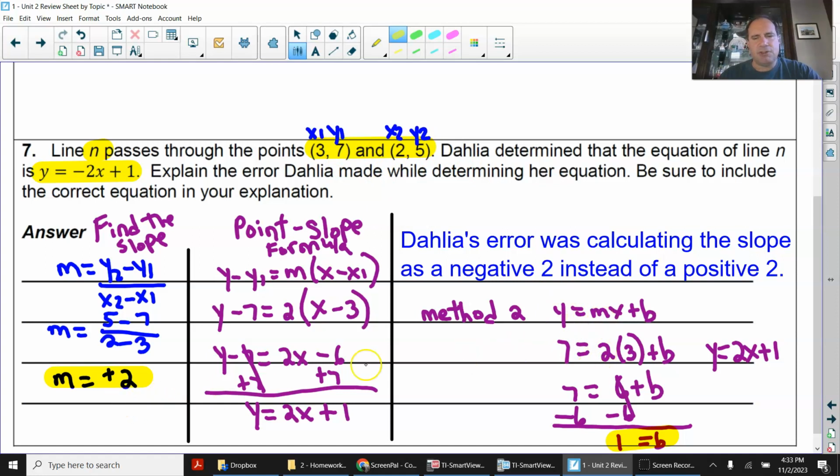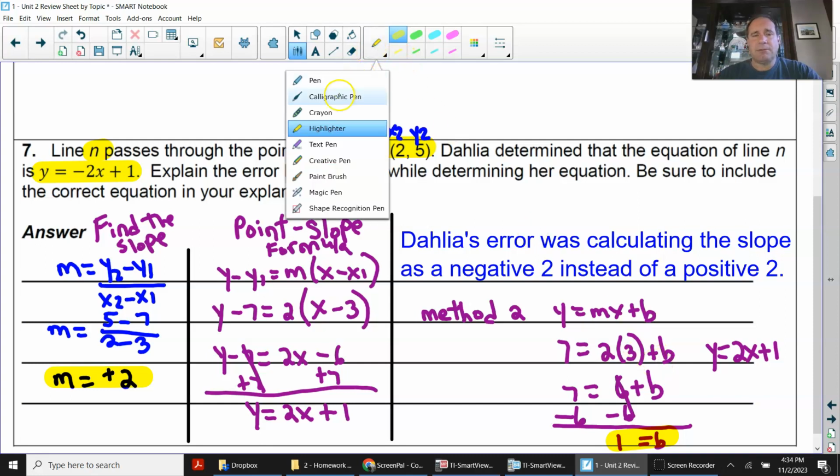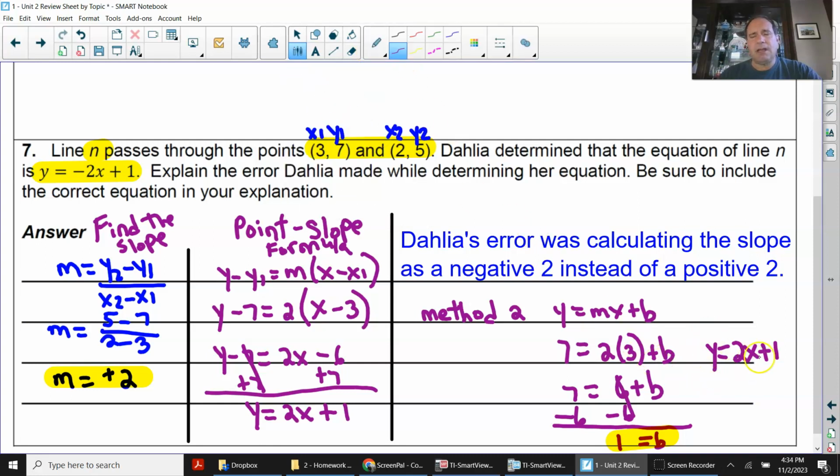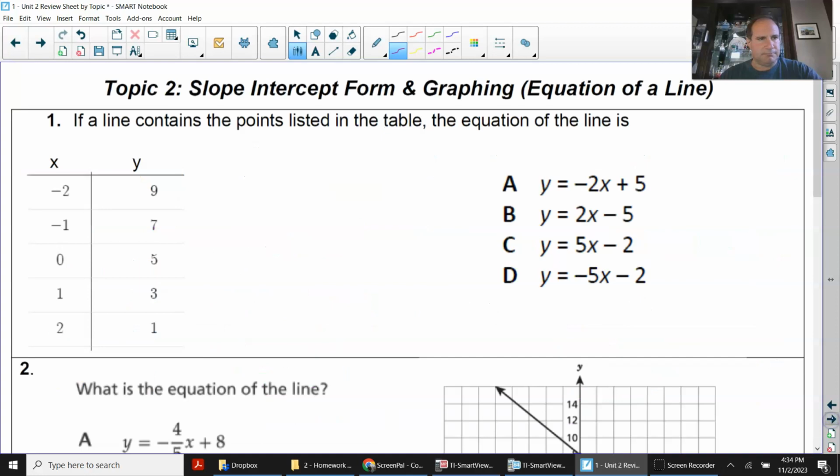You figured out the m is 2, times x. The x is 3, and then plus b. The b you don't have. You want to find what b is. Then you multiply 2 times 3 is 6, and you subtract 6 on both sides, and you get b equals 1. Once you have b equals 1, you can substitute back into the y equals mx plus b formula, and you get y equals 2x plus 1. Right? Either way is okay.